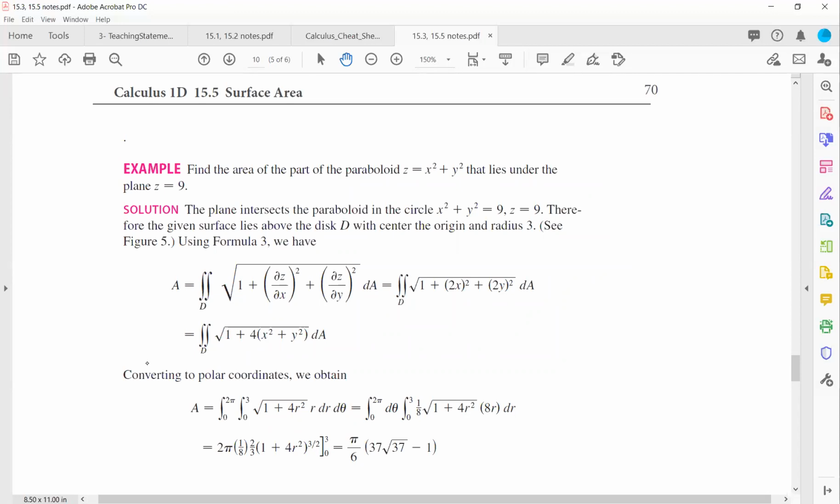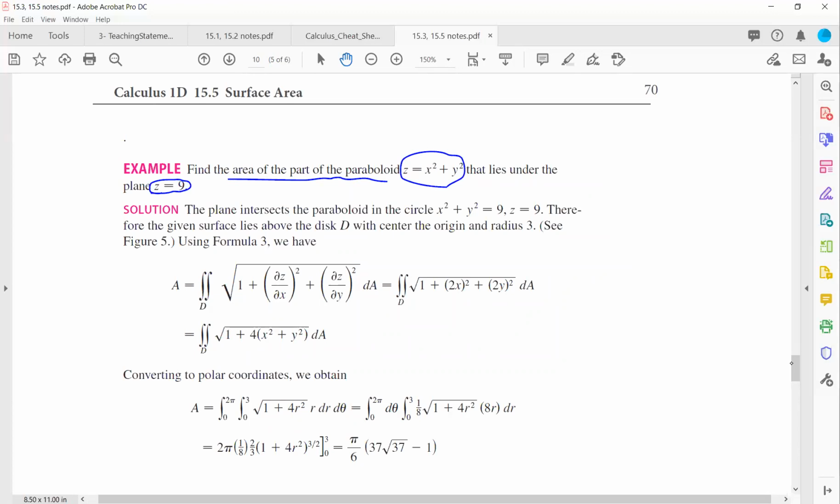The example says, find the area of the part of the paraboloid, here you have your function in two variables, that lies under the plane z equals 9. We want to find the area of the part, so we're actually looking for the surface area.